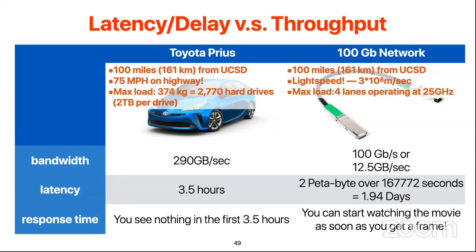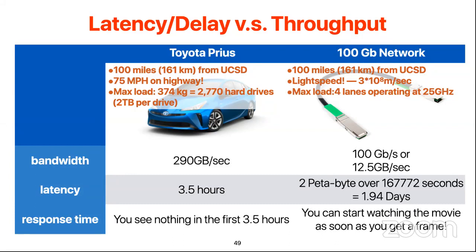So that's the difference between latency and throughput. Latency is the round trip time of a single task, a single piece of the big task. And bandwidth is the average throughput, or the average amount of work accomplished within a given period of time.